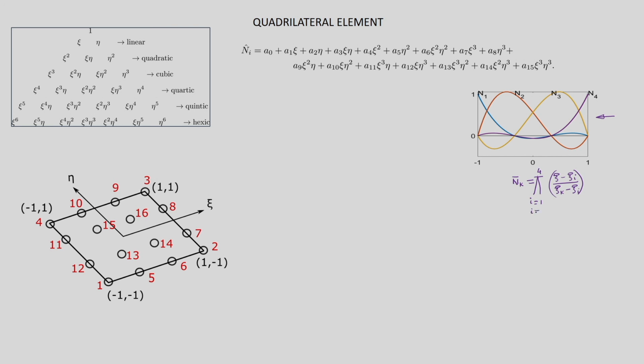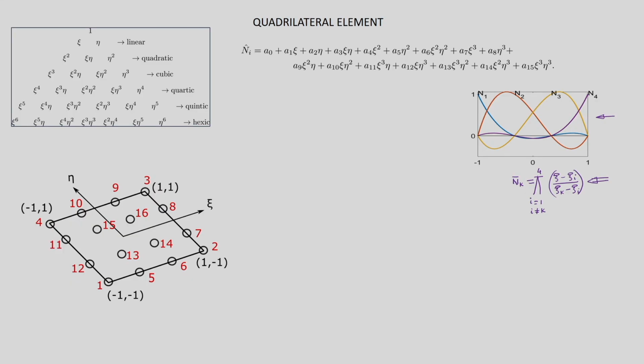But i cannot be equal to k. So, using this definition, this you have already seen in the one dimensional case. So, using this, these are Lagrangian basis functions or shape functions.